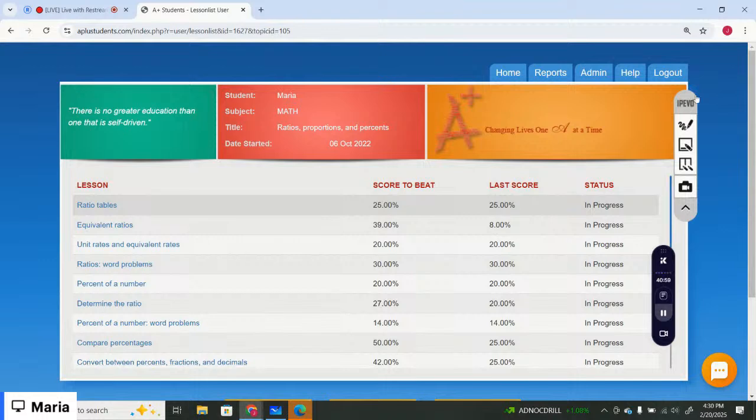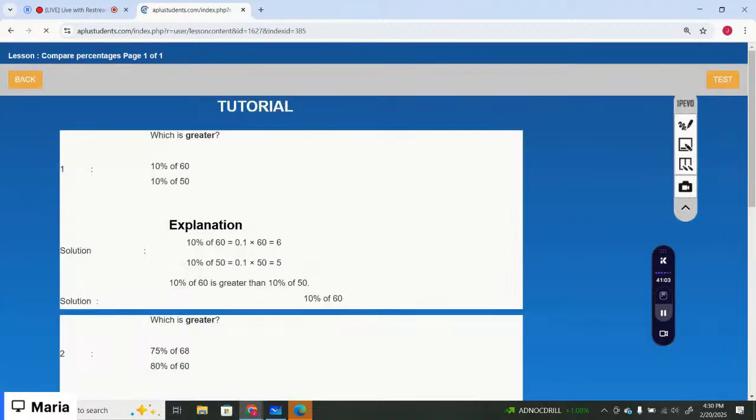The next lesson is compare percentages. Which is greater, 10% of 60 or 10% of 50?